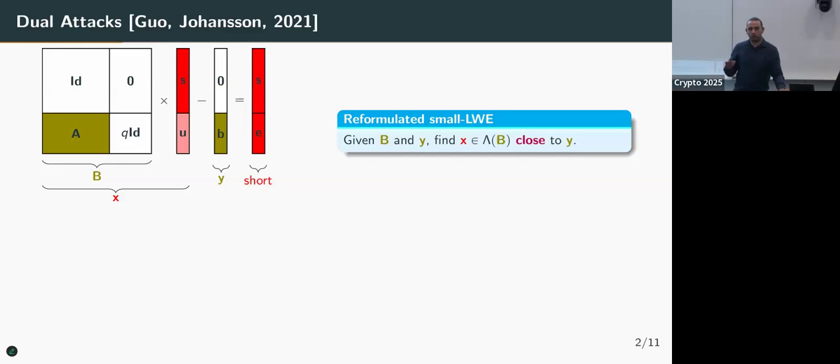We define from the matrix A a new matrix B by a construction on the matrix A. Defining this matrix B and the vectors X and Y, we can reformulate the small LWE problem as: given the matrix B and the vector Y, find the vector X in the lattice generated by the basis B such that X is close to Y. That problem is exactly the same as the small LWE problem.